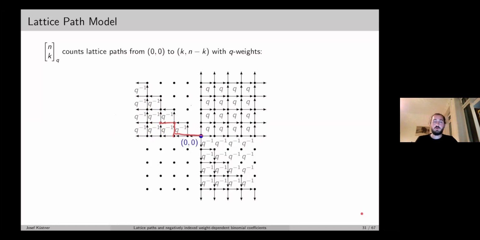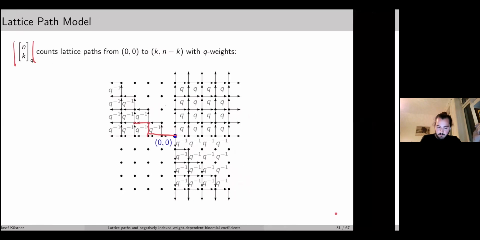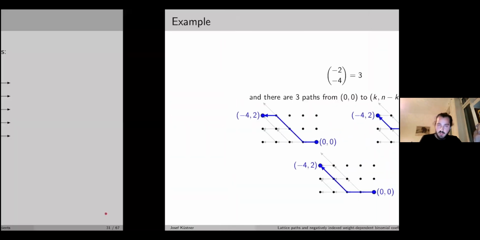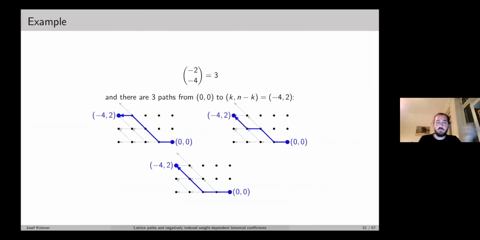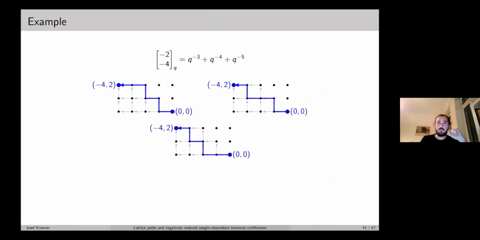Yeah, and if we sum over the weight of all paths from 0, 0 to some k and -k, where k can be any integer, we choose k again as the absolute value, because we didn't introduce signs so far. And we do the example from before. We had these 3 paths from 0, 0 to -4, 2. Now we don't take diagonals anymore.